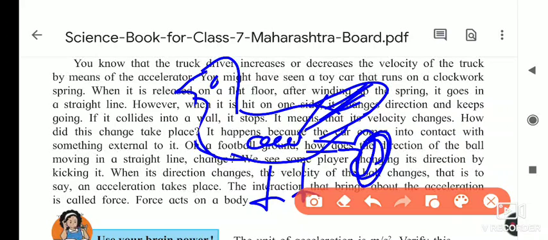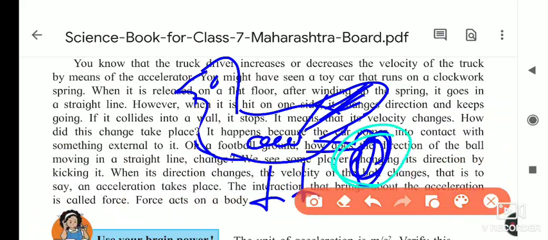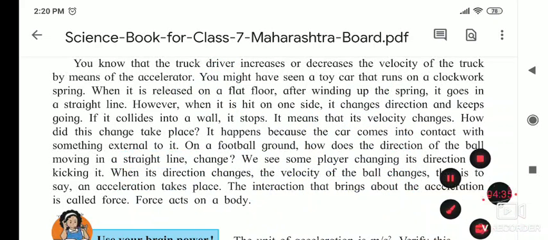It means we are applying pressure, and due to this the rotations of the spring increase, and when you leave this toy on the ground, the key moves slowly and the toy moves forward. Clapping monkeys are like this, they clap their hands. These types of toys are called clockwork, with a spring working in them.